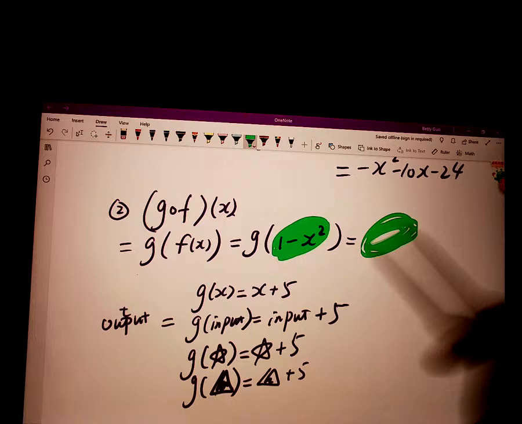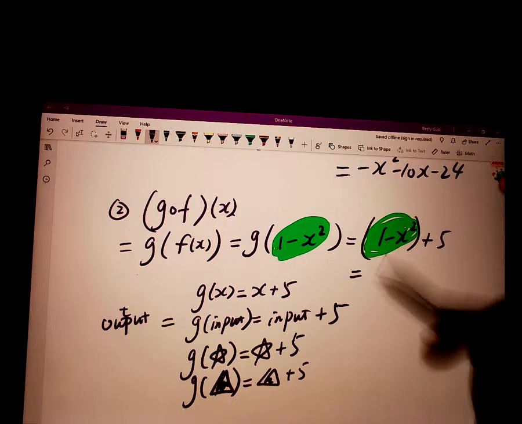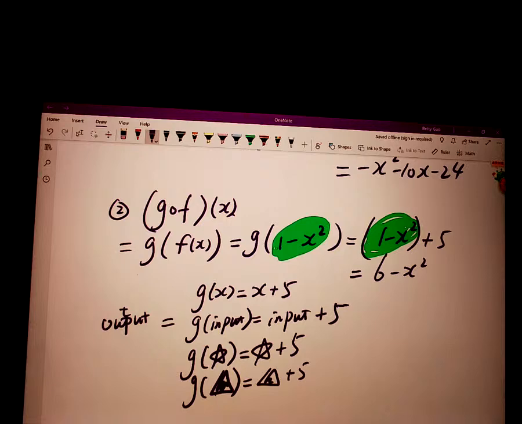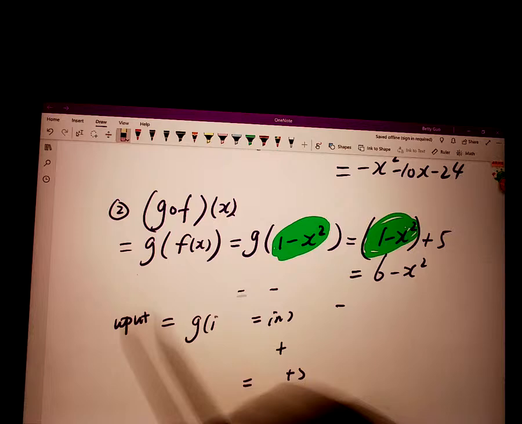What is the input? It is 1 minus x squared. You have 6 minus x squared. That is the composite function g of f of x. Very important. I hope you can repeat this part until it makes sense to you.